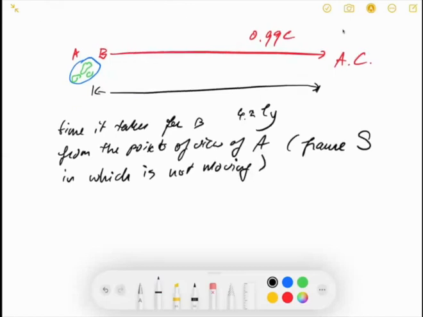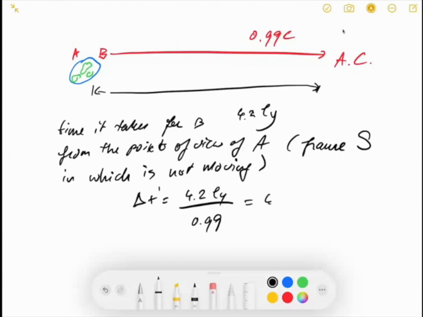Well, the time it takes is going to be 4.2 light years over 0.99 c, right? So that c cancels.